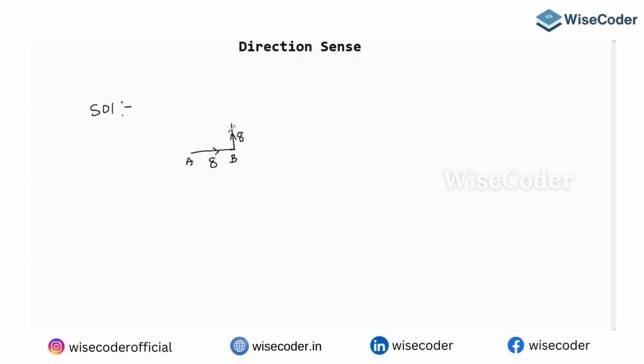And a distance of 8 kilometers towards east. Again he is traveling 8 kilometers towards east, and finally he is traveling towards north, again 8 kilometers.